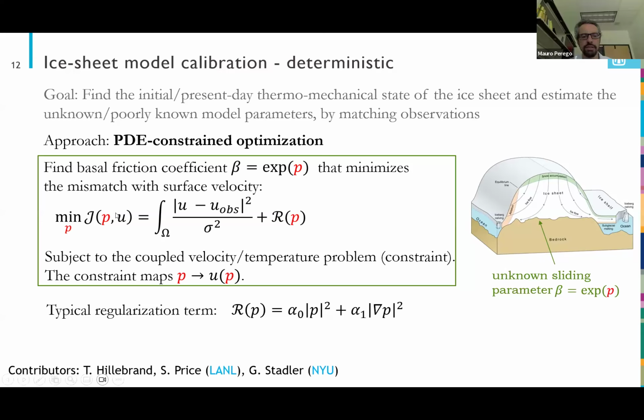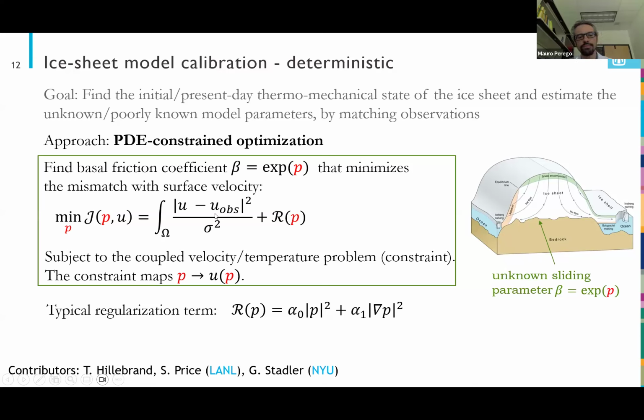And this functional depends on our parameter p. In our case, we look for the basal friction coefficient, and we parameterize it as the exponent of the parameter p. This simplifies the optimization because beta is a positive term, and so if you take the exponent of p, p doesn't need to be bounded, and so it makes the optimization simpler.